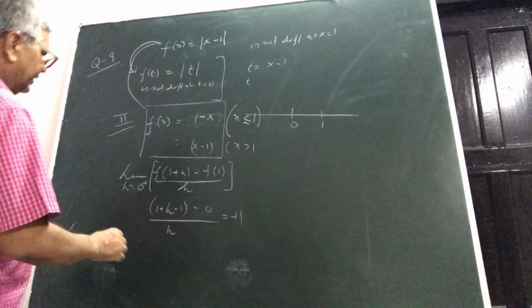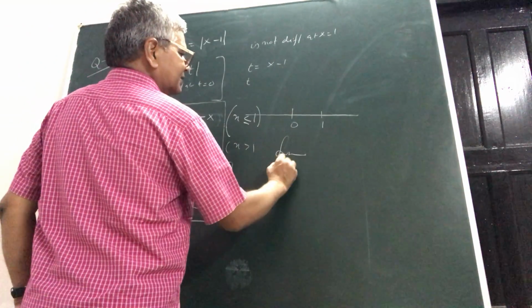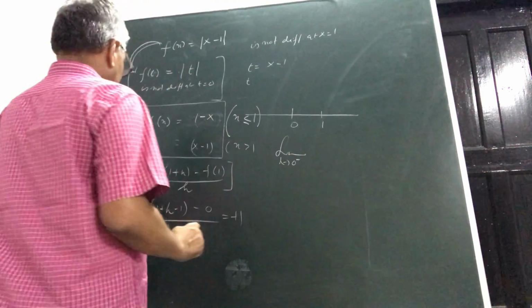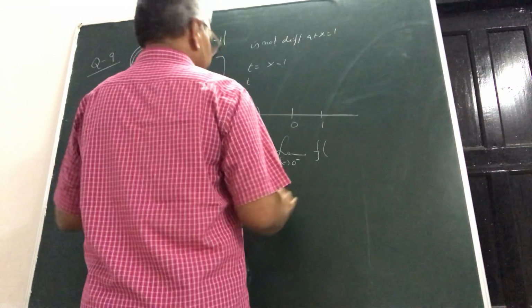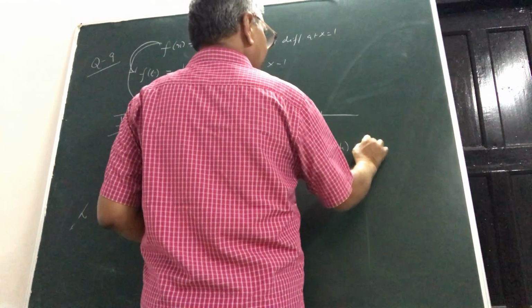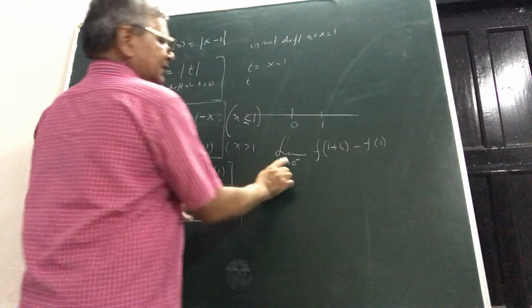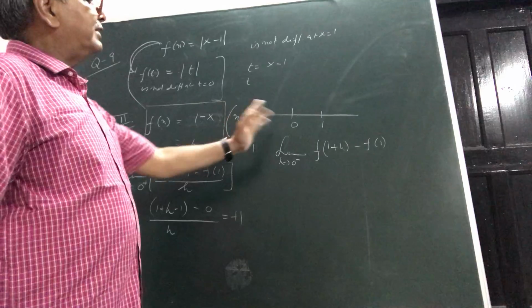Let us find the left hand limit, h tending to 0 minus, of [f(1 + h) - f(1)] / h. When h is negative, 1 + h will be on the left side of 1.